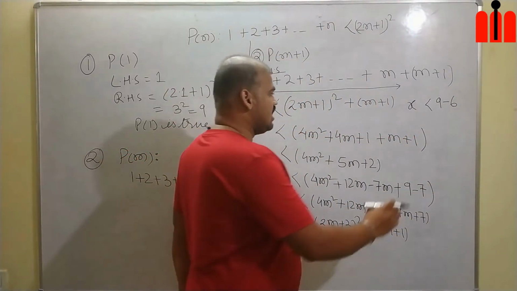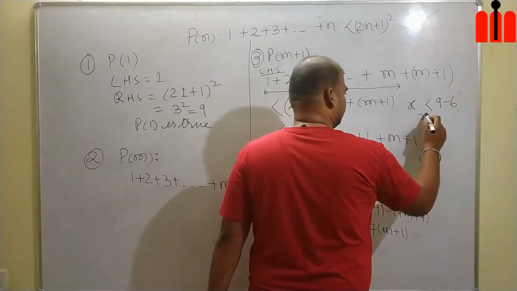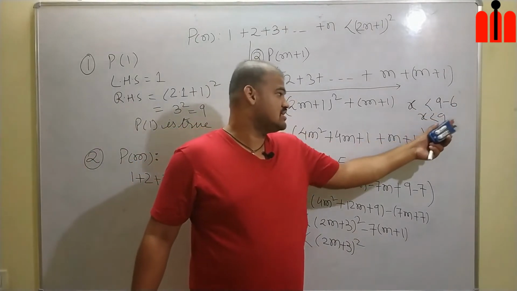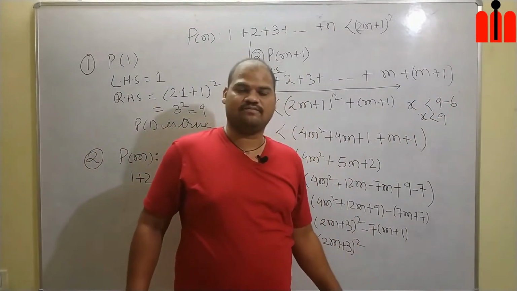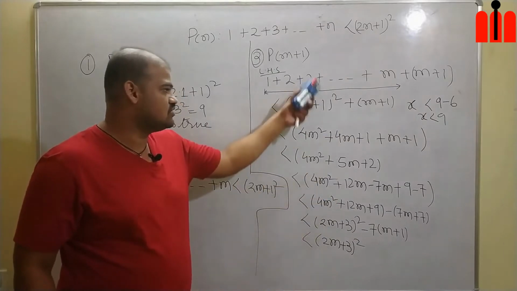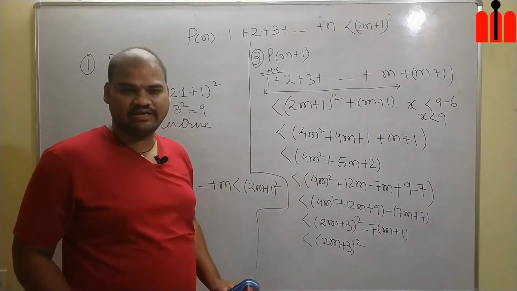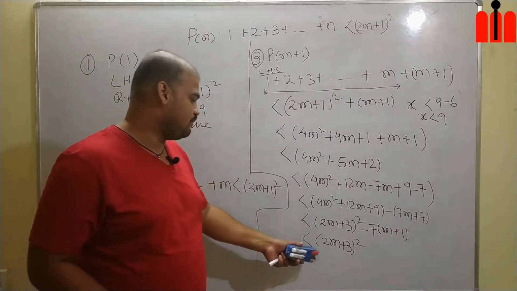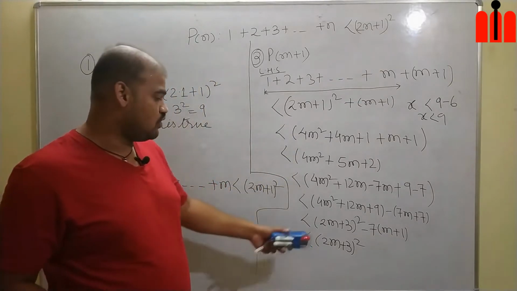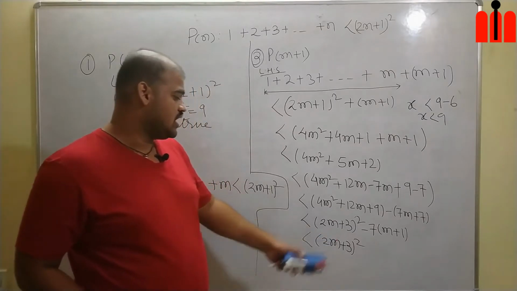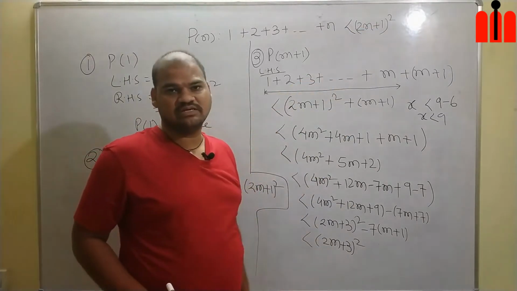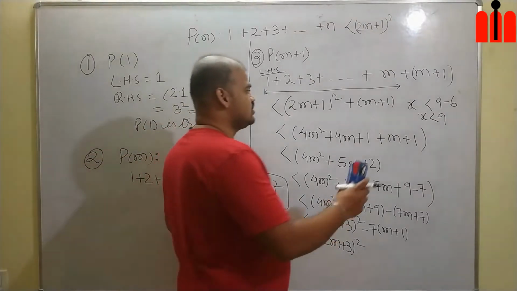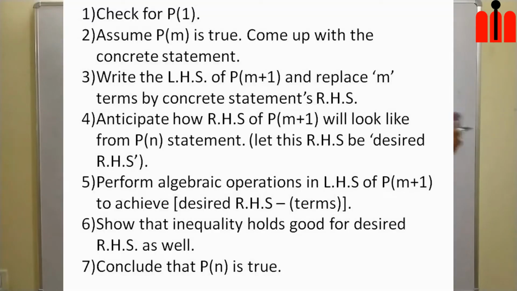If I remove 6 here, then x will definitely be lesser than 9. If x is lesser than 9 minus 6, then x will definitely be lesser than 9. Same thing we are using over here. Okay, are you getting it? So this shows that our Pm plus 1 is true. So what will be the RHS of my Pm plus 1? It will be 2m plus 3, and we had achieved that 2m plus 3 over here. Okay, I will rub this out.